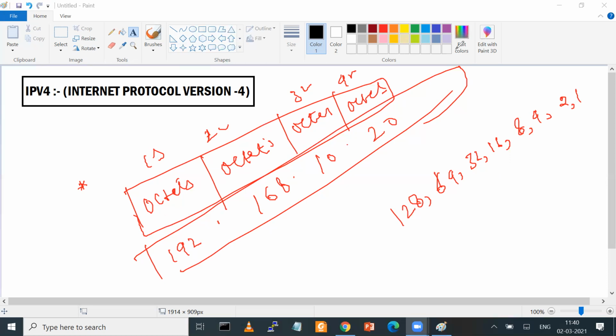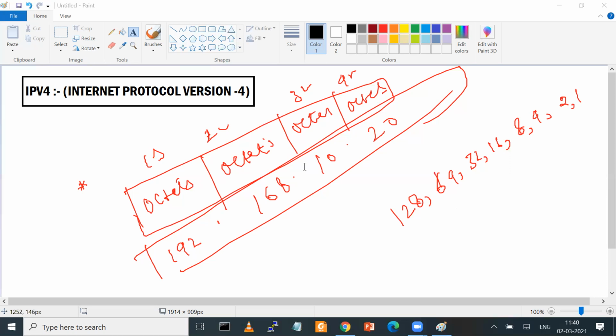I have put it in the chat. 192 should be 1.1 in the first two bits. 128 plus 32 is 160, there should be an 8 also.